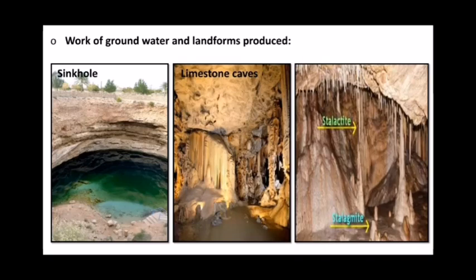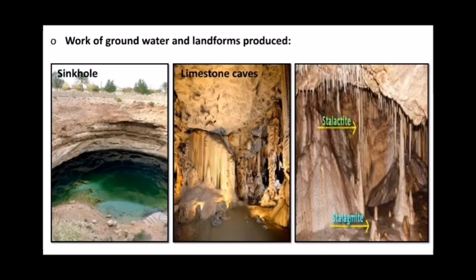So the deposition of dissolved material starts. Landforms like sinkholes, limestone caves, stalactites and stalagmites are formed. Thus, the groundwater carries out the erosion, transportation and depositional work.